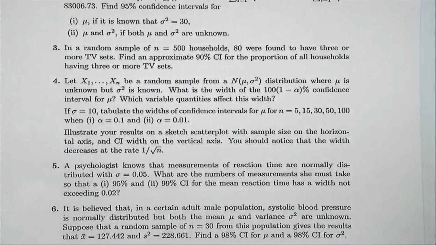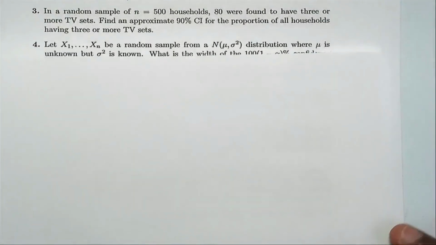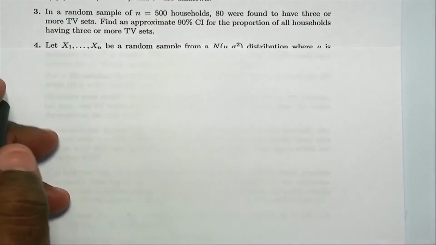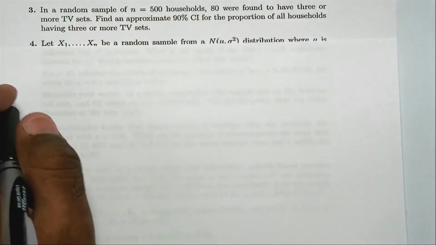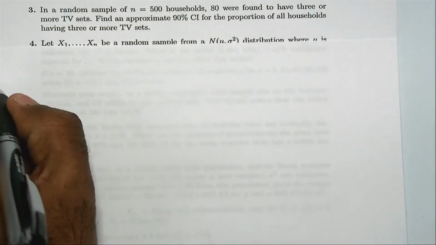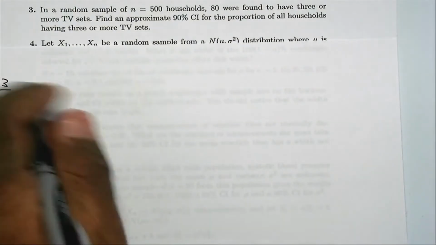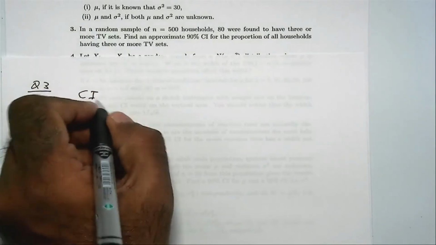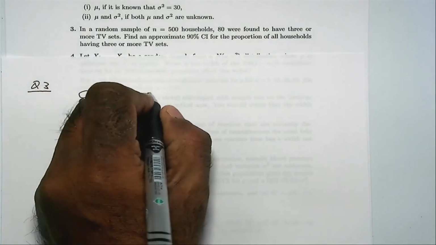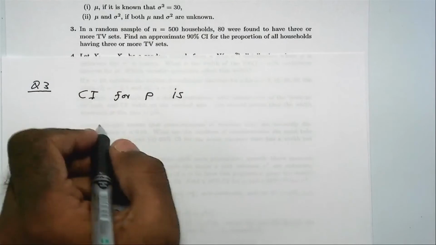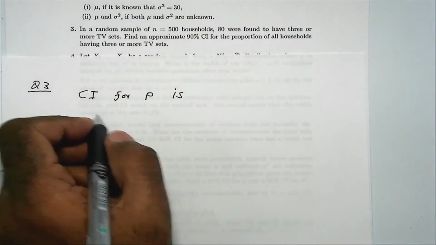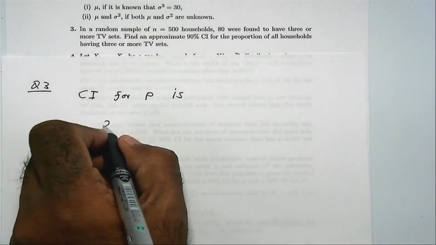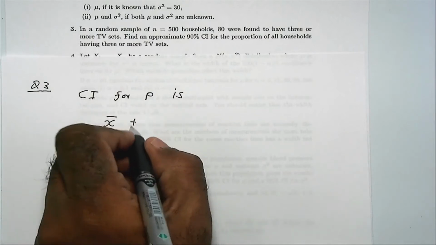Right, so this is a question on proportions. Now you may recall that the confidence interval for P that I gave you in the notes and the videos is the following. It's an approximate confidence interval.